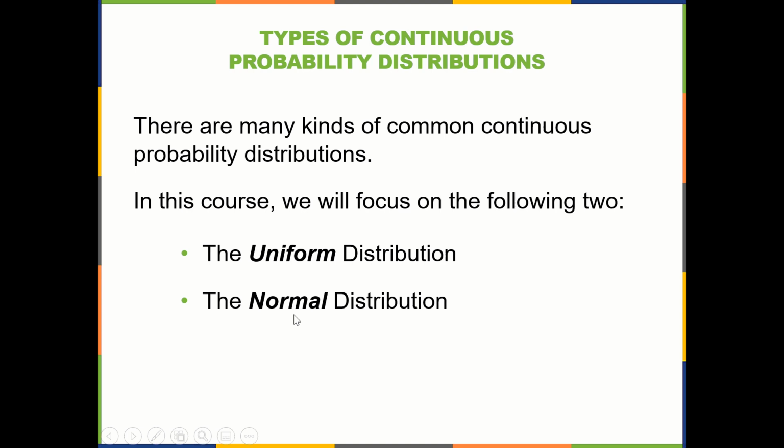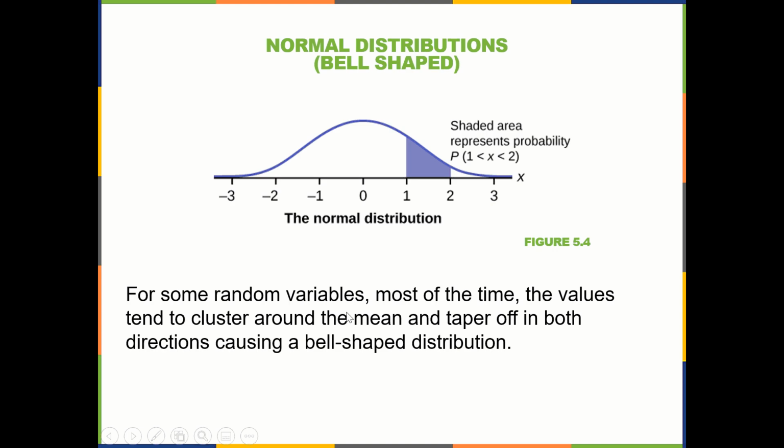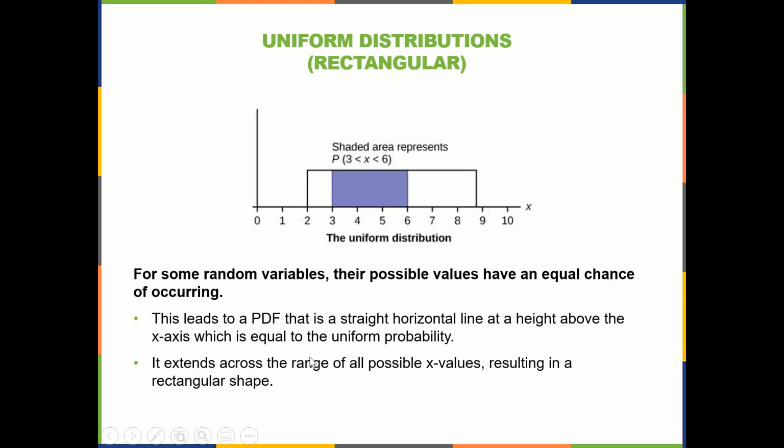And this is going to be a continuing building process of understanding what the normal distribution is and how we can use it. Now, I'll just quickly say two things to remember about the normal distribution and the uniform distribution: the shapes.